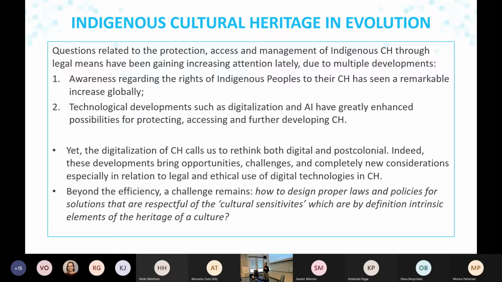So the key point here is that beyond efficiency, beyond the fact that we are able to use these technologies to improve access to cultural heritage elements, artifacts, and places, how can we create and design a proper legal system that supports accessibility and protectability, and at the same time respects the cultural sensitivities that are by definition part of the culture of the owners of the culture, so to say.